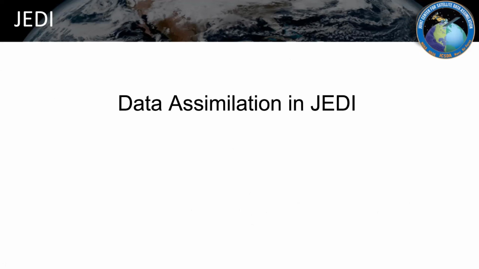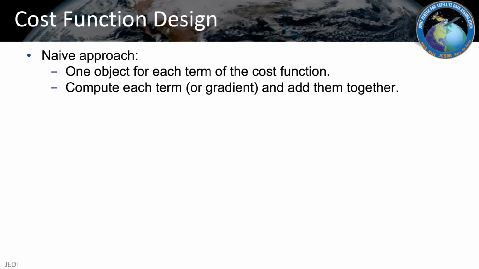So the way we do that in JEDI: the first question that really, when we started this whole project many years ago at ECMWF, was how do we design the system and how do we design the cost function, because that was the heart of all the variational DA.